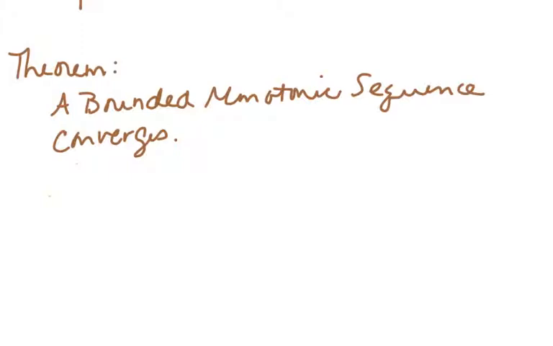So the next concept is a theorem that is somewhat intuitive, and it's called the bounded monotonic sequence theorem, and states that a bounded monotonic sequence converges. So in other words, let me write a little something down.